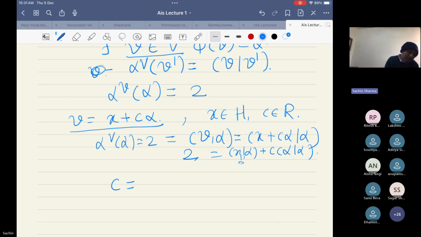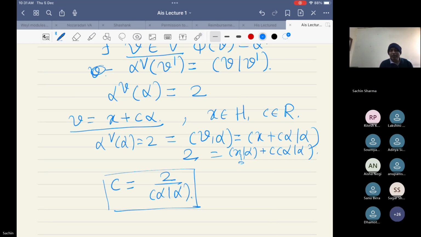Here you can have C equal to 2 by (alpha, alpha). Why are you able to write C as 2 by (alpha, alpha)? Because you know that (alpha, alpha) is non-zero. This is very crucial.